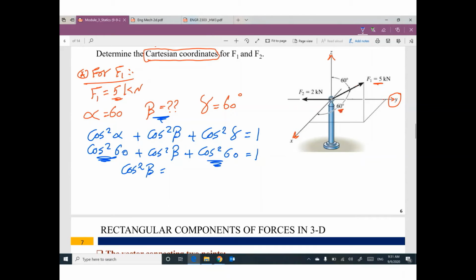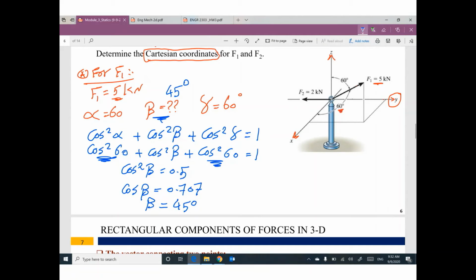So this value equal 0.5. So cosine only beta, because this one is square, so I will get the square root of this number, which will be 0.707. Inverse cosine, this angle will be 45 degree. So beta equal 45 degree.